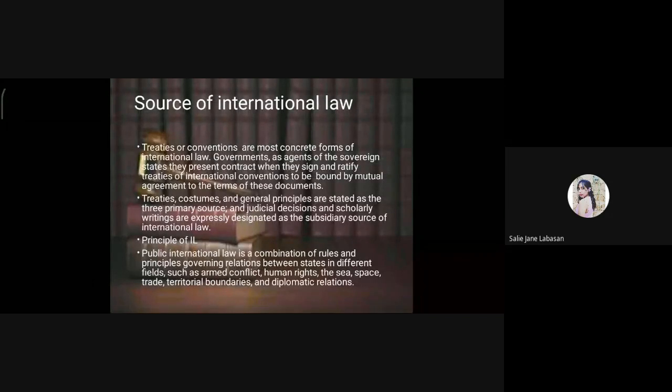And then, after treaties, customs and general principles are stated as the three primary sources of judicial decision, while scholarly writings are expressly designated as the subsidiary source of international law.